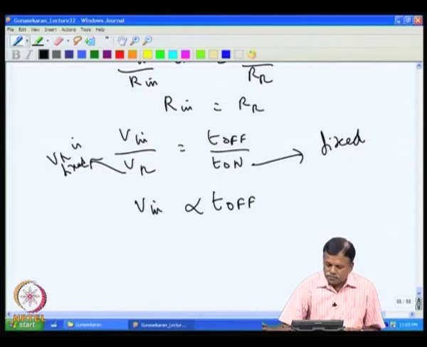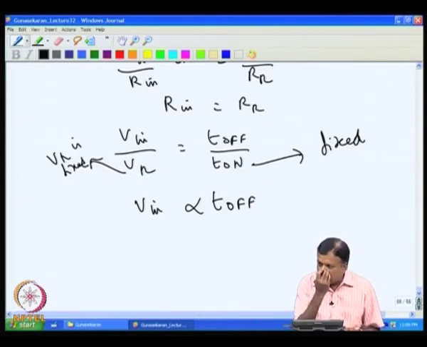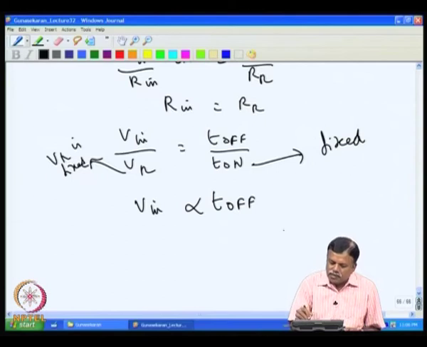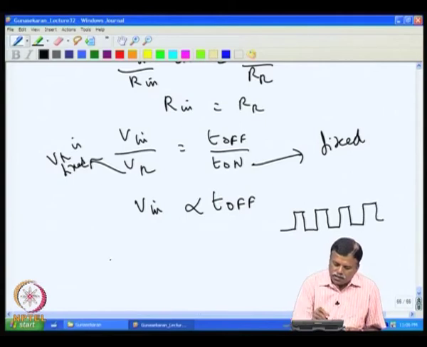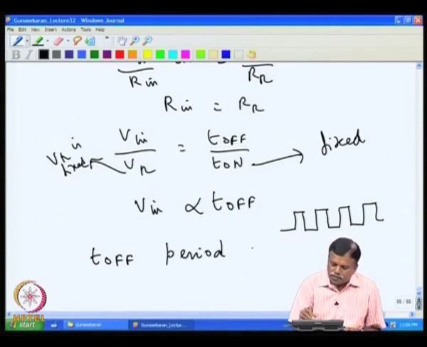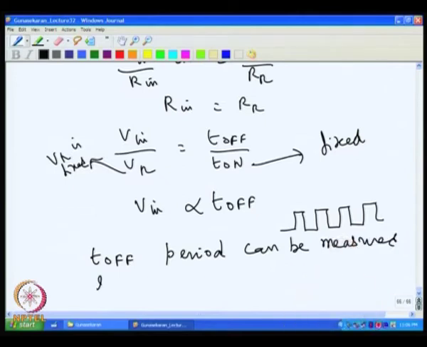So, you will get a digital output in terms of the number of periods, because I can have a digital clock, and the T off period can be measured by counting the number of pulses.